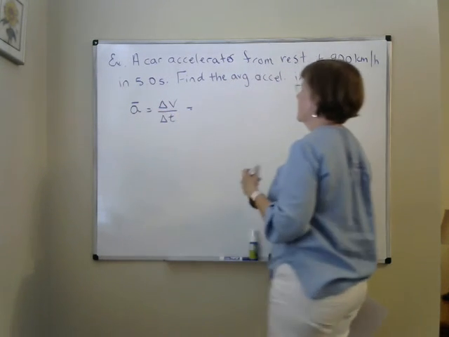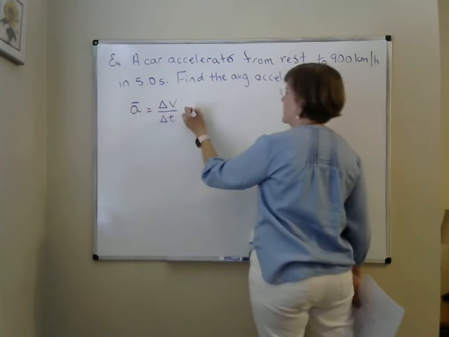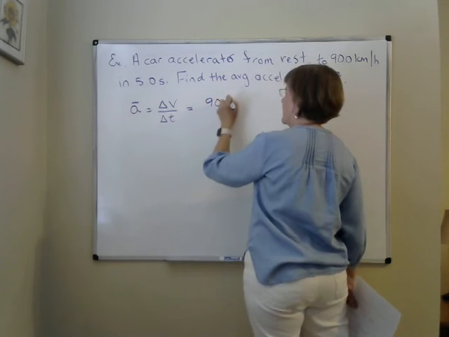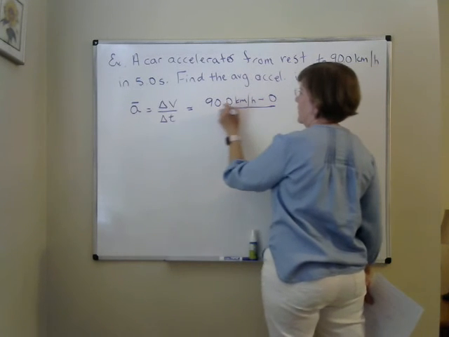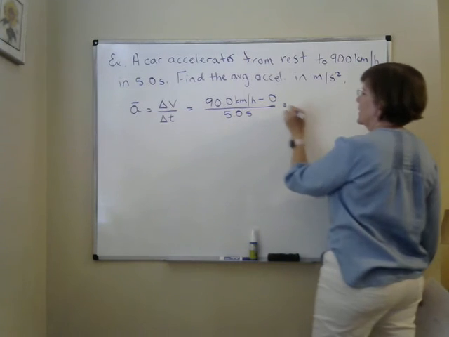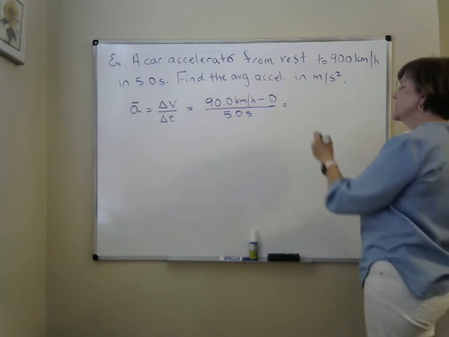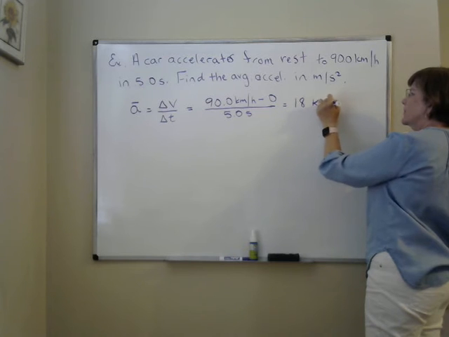In this case, our velocity went from 0 to 90 kilometers per hour. So our change would be 90 kilometers per hour minus 0. Our time interval was 5 seconds. So we could say that the average acceleration was 18 kilometers per hour per second.